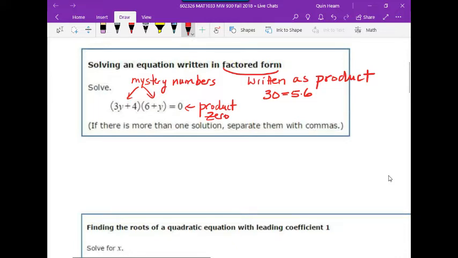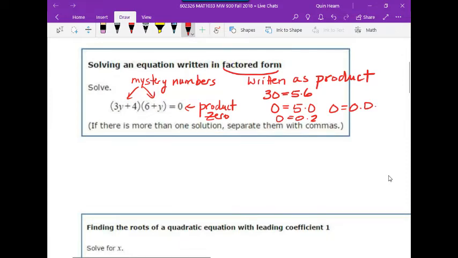Well, one of them has to be 0, because the only way you can get 0 from a product is if one of the numbers happens to be 0. So 0 could be 5 times 0, it could be 0 times 2, it could be 0 times 0. But one of the numbers has to be 0.